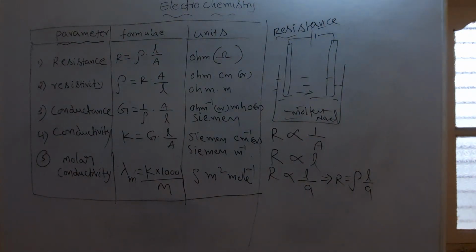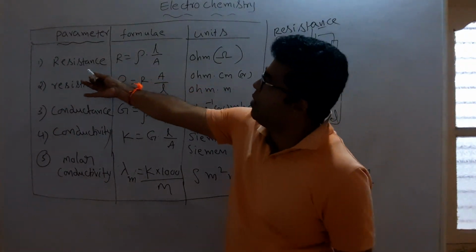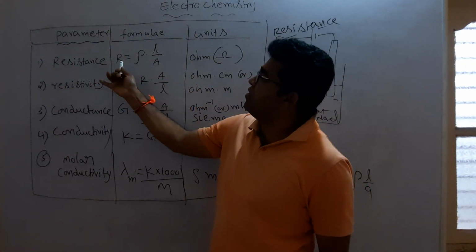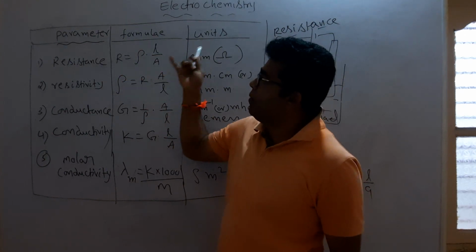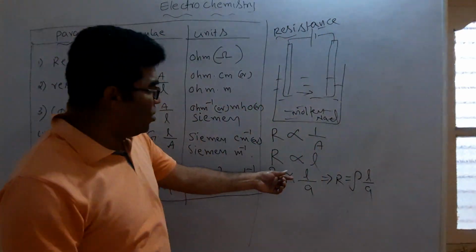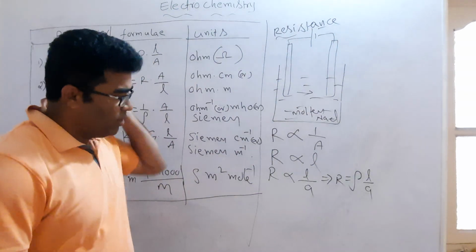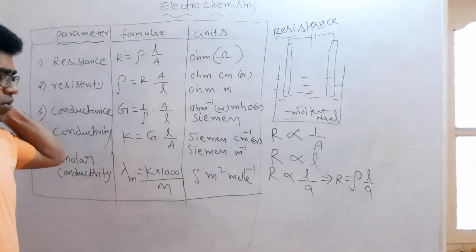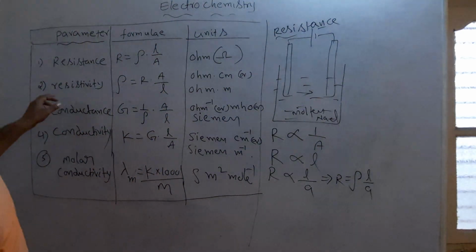Now you observe, the parameter here is resistance. The resistance formula is R equal to rho into L by A. Rho is a proportionality constant known as specific resistance.